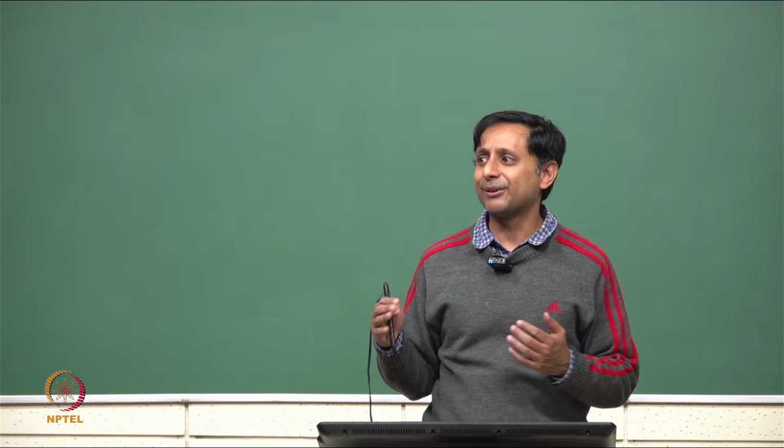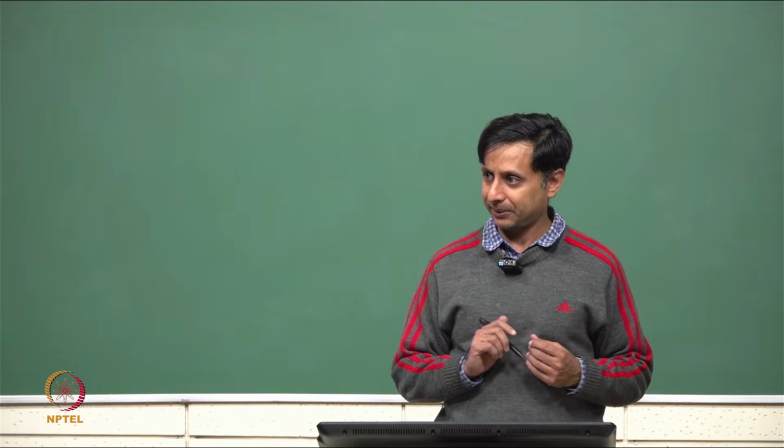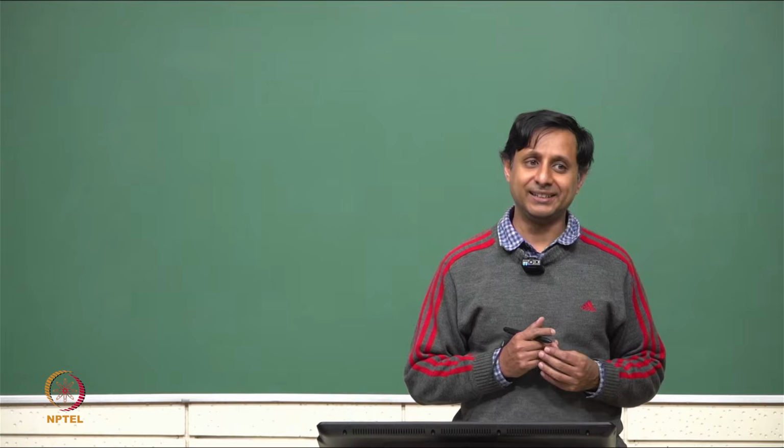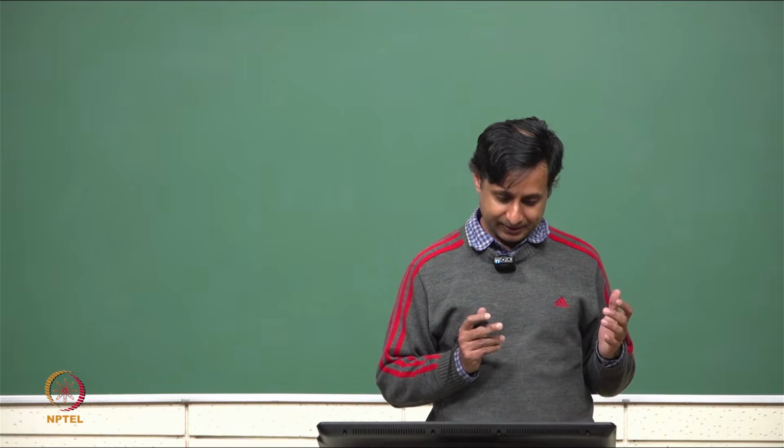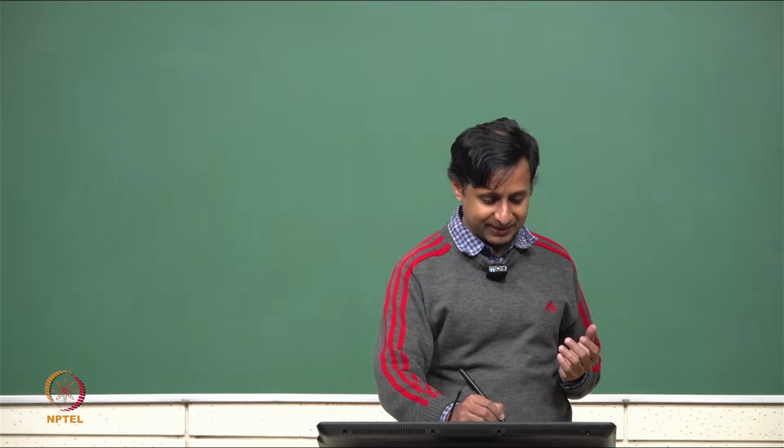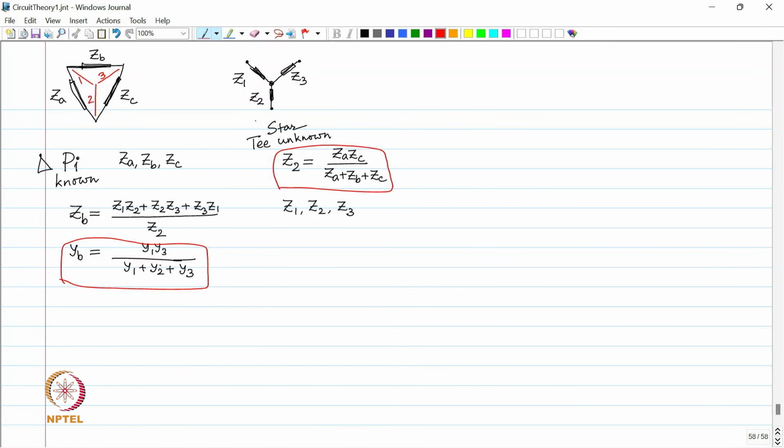Why? Because there is a lot of seriousness in the T network. It is like things are in series. So, in the star, it appears as if things are in series, there is some seriousness in the star.